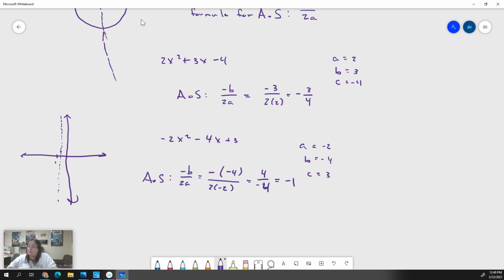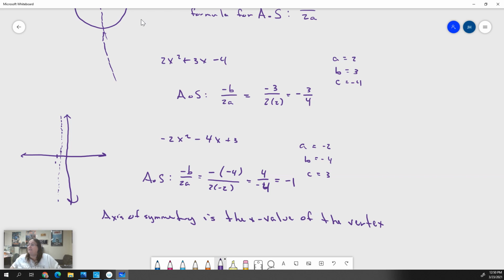But the thing to remember about the axis of symmetry is that the axis of symmetry is the x value of the vertex. The vertex always lies on the axis of symmetry.